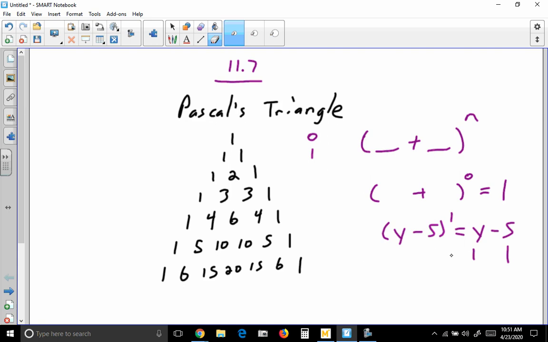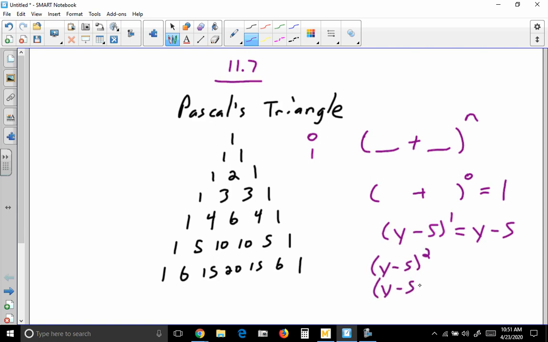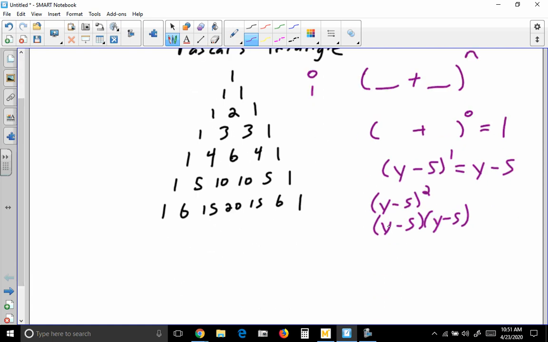But if we square something, let's suppose we squared y minus 5. That would be y minus 5 times y minus 5. We would have y times y, which is y squared. Y times minus 5, minus 5 times y, minus 5 times minus 5.